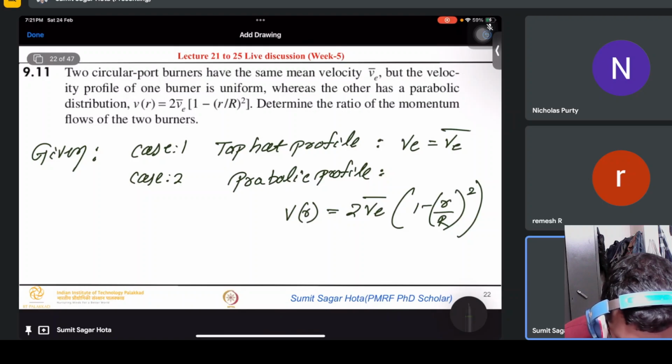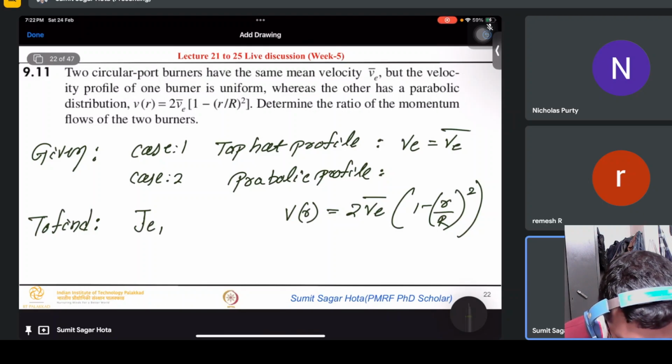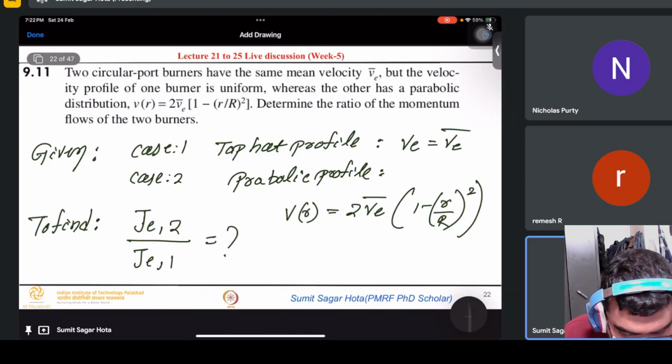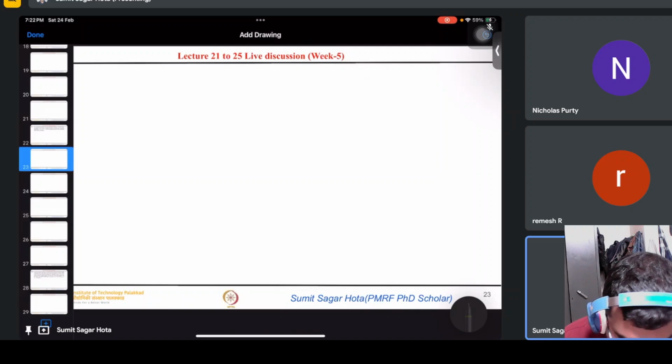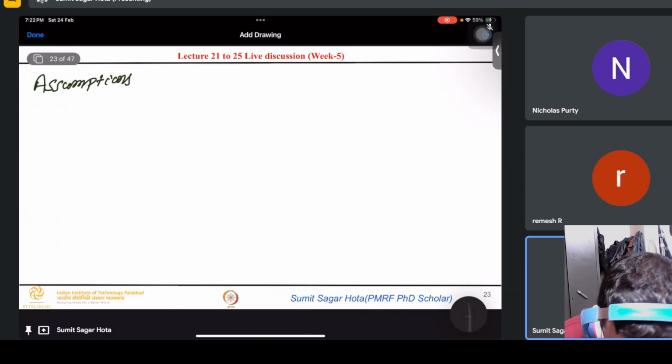What we find is the ratio of these. All are base assumptions we can put.